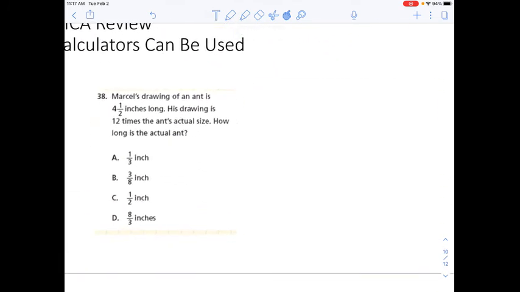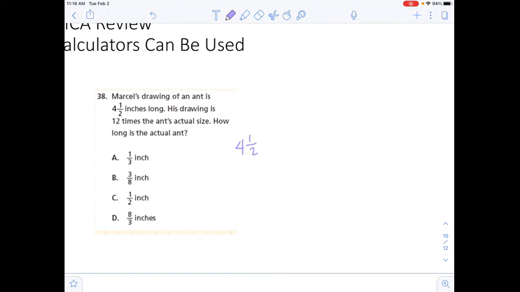Okay, let's do one more. So this says Marcel's drawing of an ant is 4.5 inches long. His drawing is 12 times the ant's actual size. How long is the ant? So we know the drawing is 4.5.